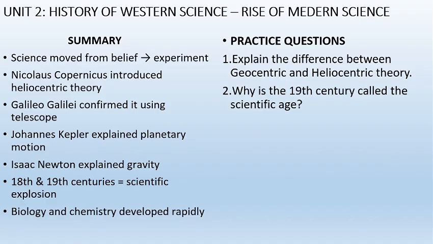Who can explain the difference between geocentric and heliocentric theory? You can tell us just one difference between them. According to their meaning itself, the difference is already there. One is geo, one is helio.